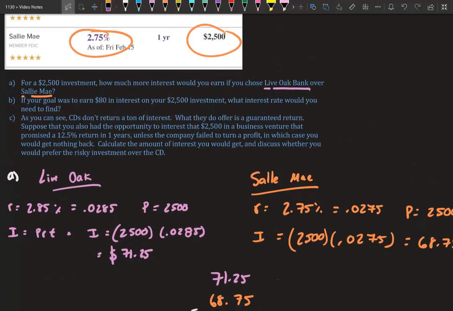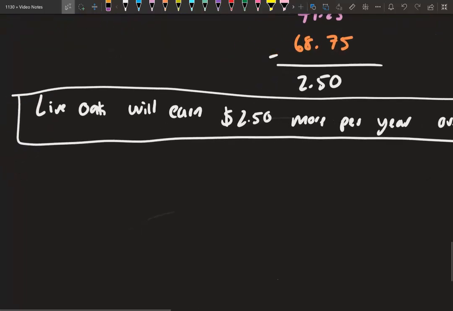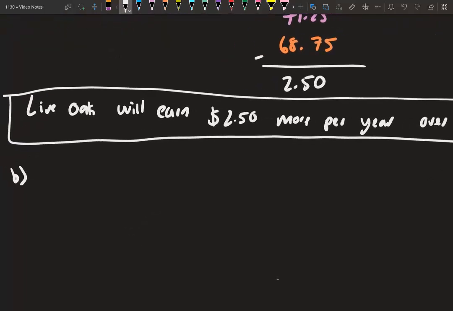If your goal was to earn $80 in interest on your $2,500 investment, what interest rate would you need to find? So we're looking at what interest rate we need to find. So we're looking for I. That's what we don't know.